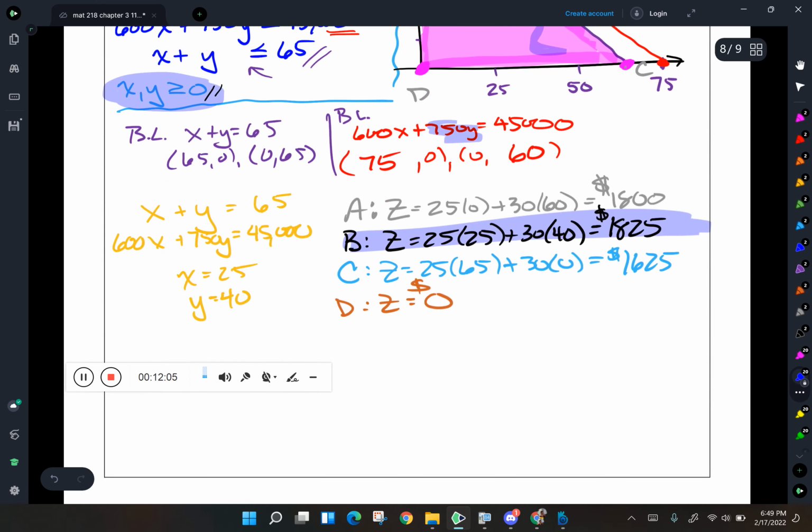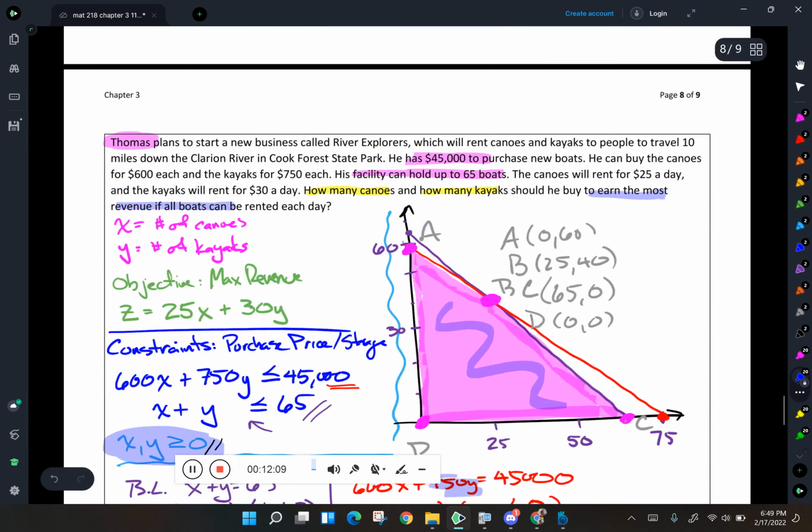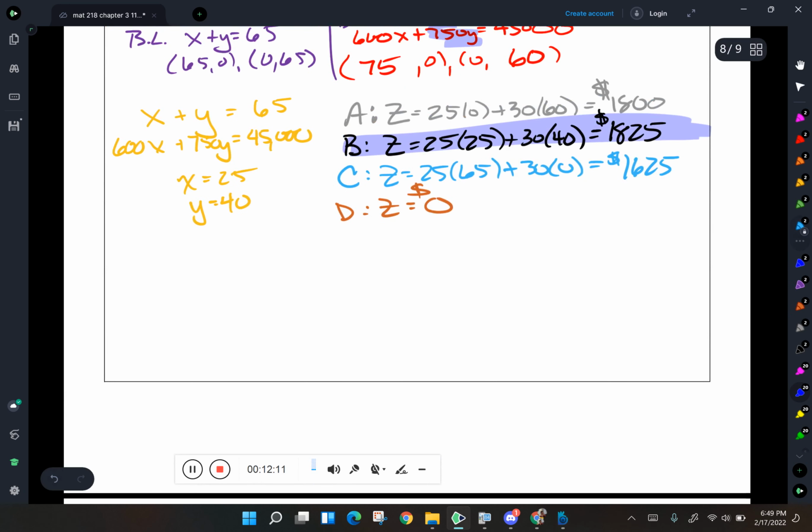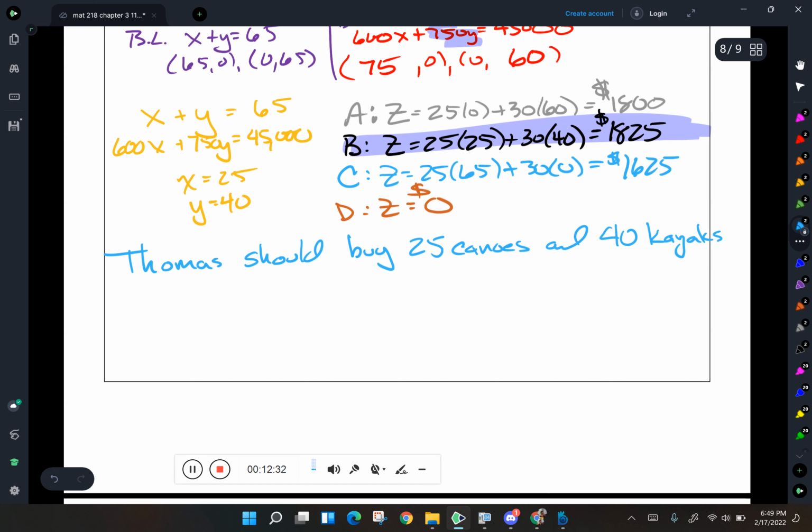So the final answer here is, and what's the name of this guy? Robbie? Thomas. Thomas should buy, what should he buy? 25 X's, which were canoes, and 40 Y's, which were kayaks, for a max revenue of $1,825.